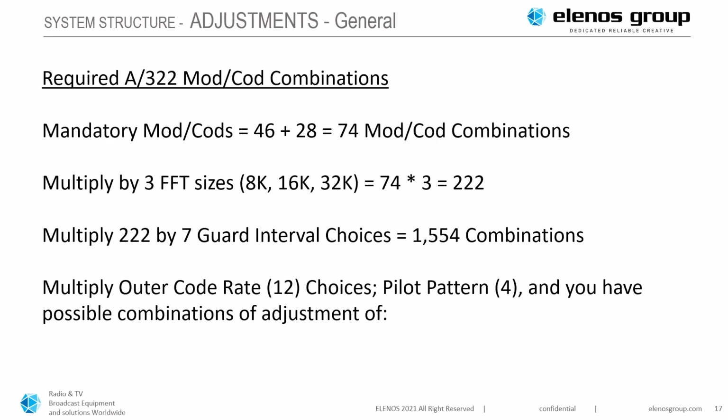You then have 7 guard intervals, and then you have 12 pilot choices and 4 pilot patterns. So the adjustments that you can make are 74,592. So that's going to take you a while just to get all of those organized. So the question is, how the heck do you do that? Because that's 74,000 things you can do wrong. Almost.